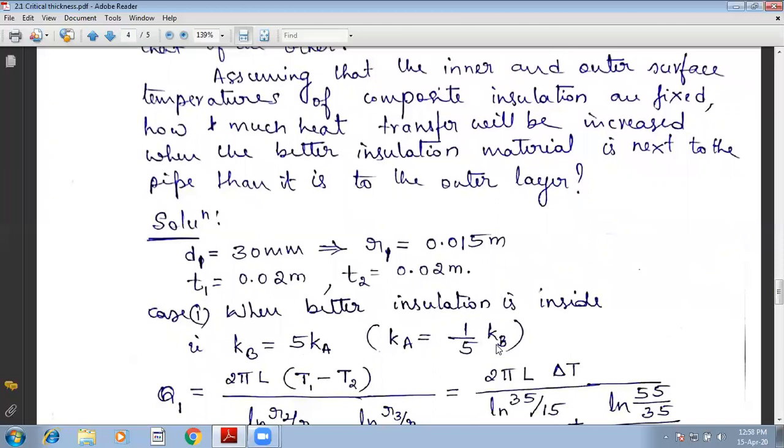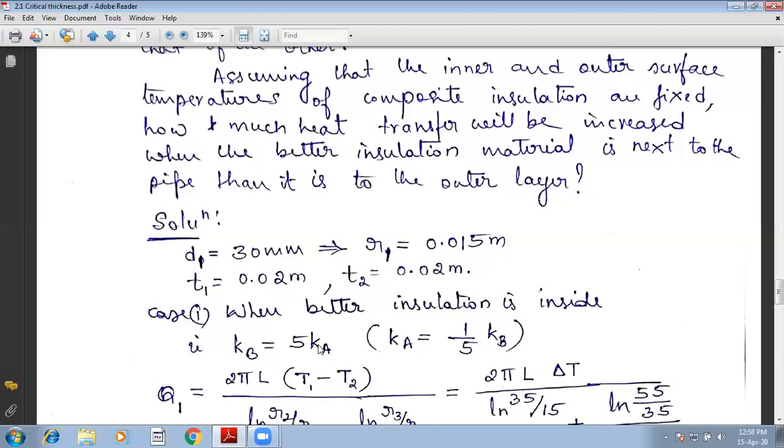Now, when we ask which is better insulating material, you should be a little careful. Ka and Kb indicate how much it is conducting because this is thermal conductivity. More is the K value, more is the conductance. But he has asked the better insulating material. Pay attention here.